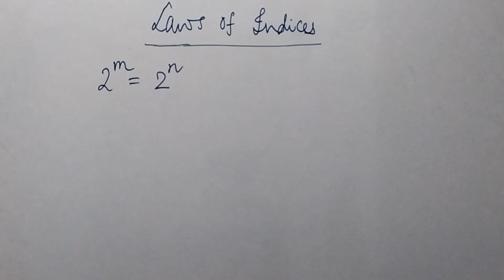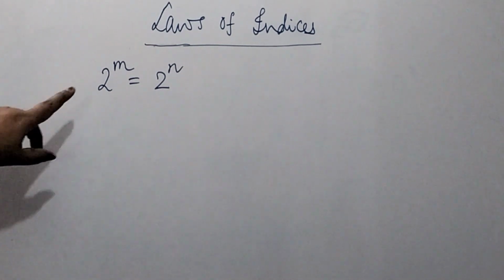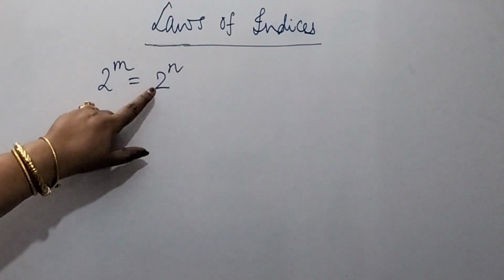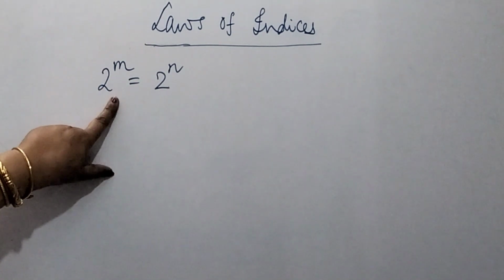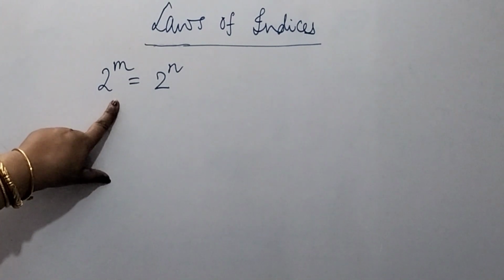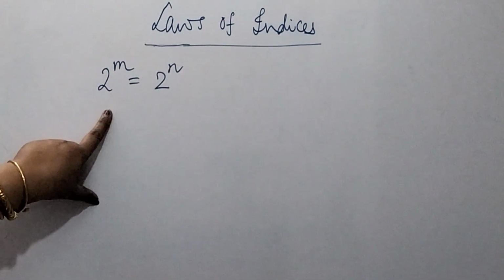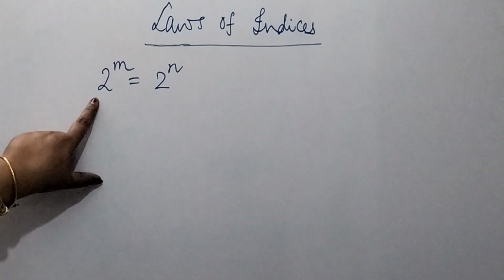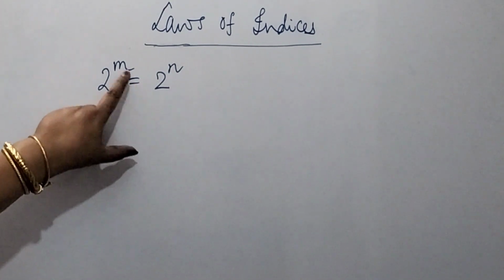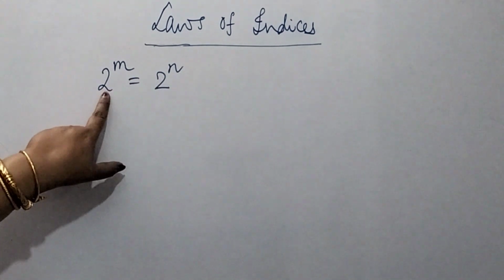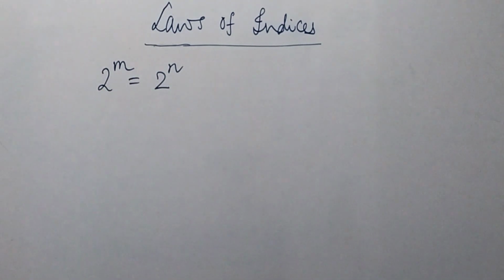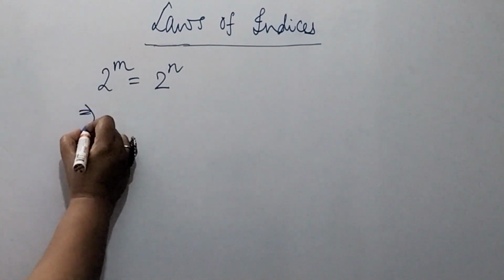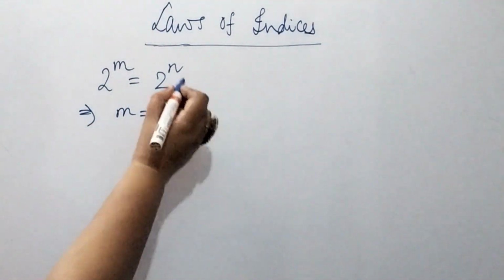Yes, I hope you all have understood that 2^m will be equal to 2^n only when m equals n. Because there are no such distinct values of m and n for which this type of equation is satisfied. So if the bases are the same and the two expressions are related by an equal sign, then it implies m equals n.